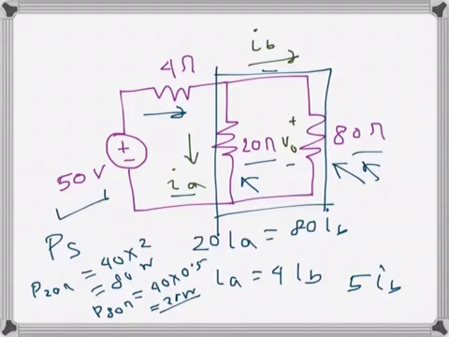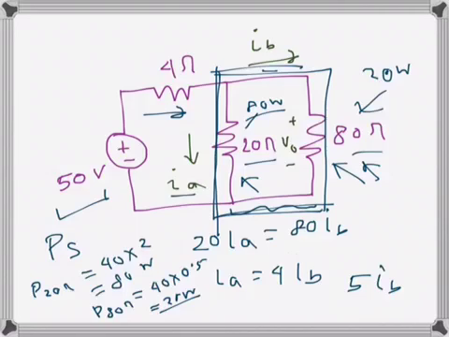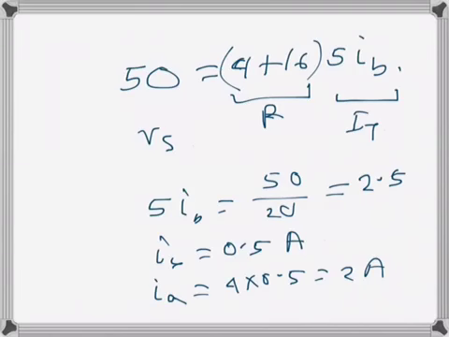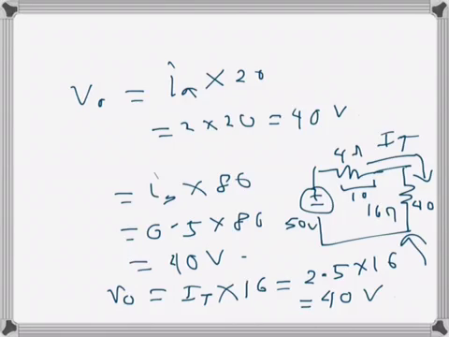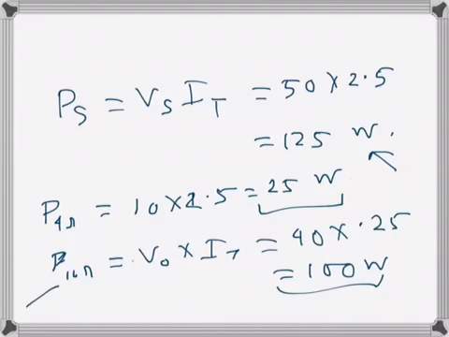So 20 watt is dissipated by the 80 ohms resistance, and 80 watt is dissipated by the 20 ohms resistance, and the total power dissipated by this combination should be 80 plus 20, 100 watt, and that's what we got here when we used the equivalent resistance formula.